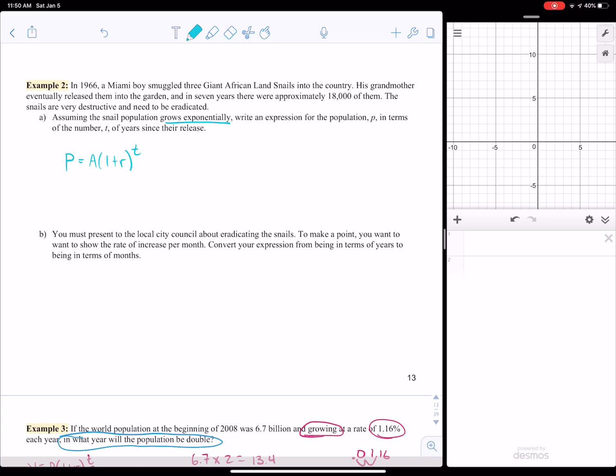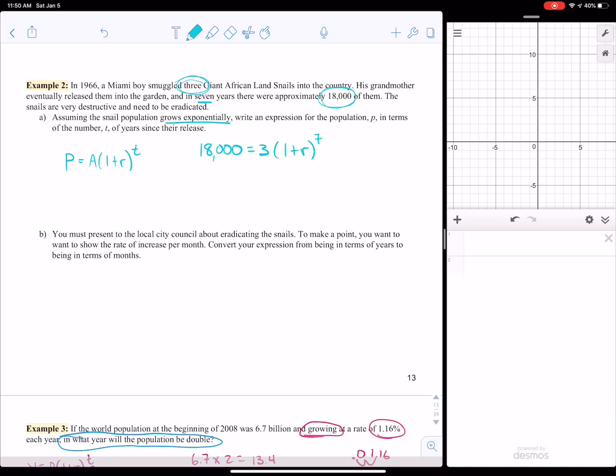Our initial amount of snails, it says he brought in 3 giant African land snails, and now there are approximately 18,000 of them. Wow. So 18,000 is the current final amount, and 3 was his initial amount. We need to put 1 plus R, and that took 7 years, so put in the 7.